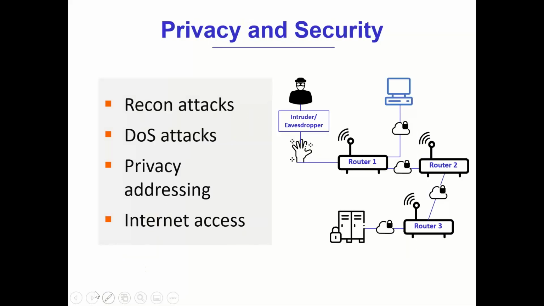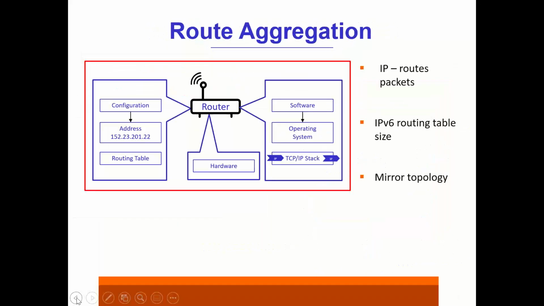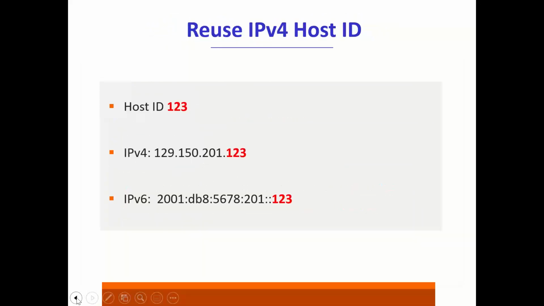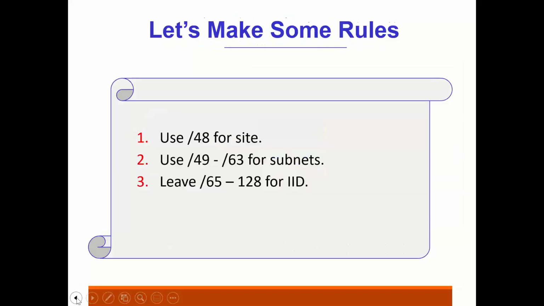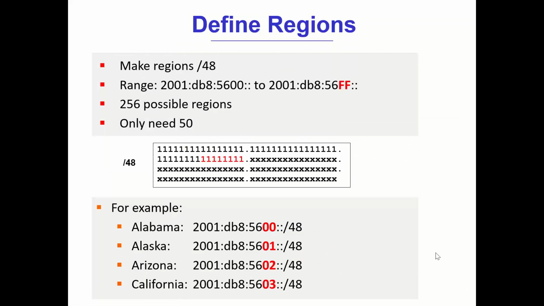Use sparse allocation. I'm going to go back real quick to this very first thing, because when we first did this, this was the first mistake that we made in our original plan. When we defined regions, we just went alphabetically: Alabama, Alaska, Arizona, and California, right?